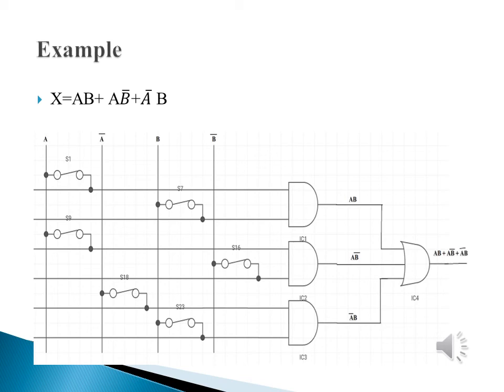The fusible links are opened when a variable or its complement is not used in a given product term. The final output from the OR gate is a sum of products, or SOP.